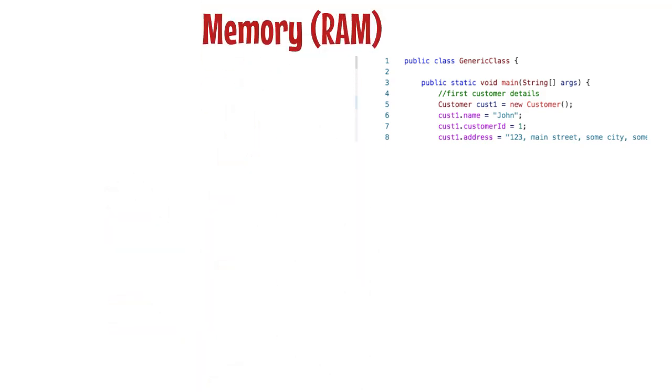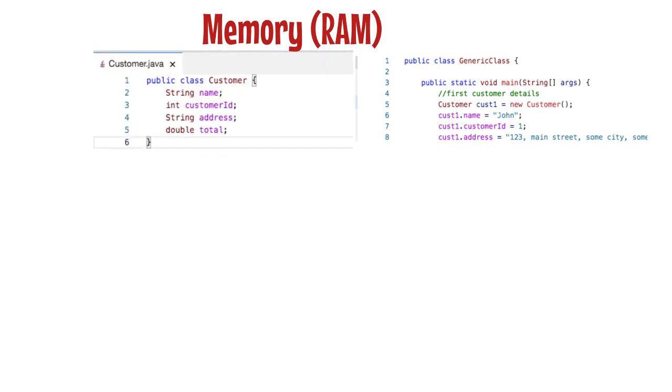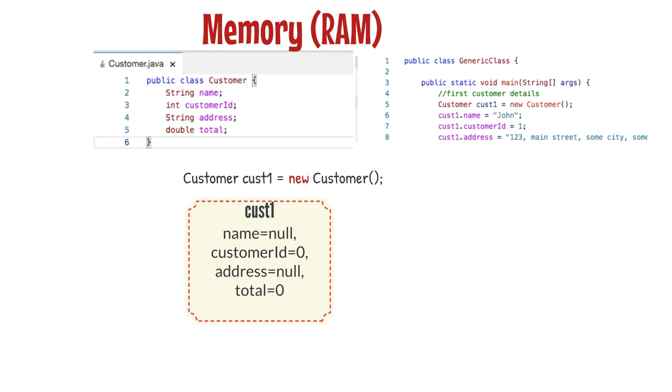Let us understand a few things that happen in your random access memory when you run your program. First, the class template is loaded, and when a new instance is created using the template, a separate memory space is allocated to keep the instance object and its values.